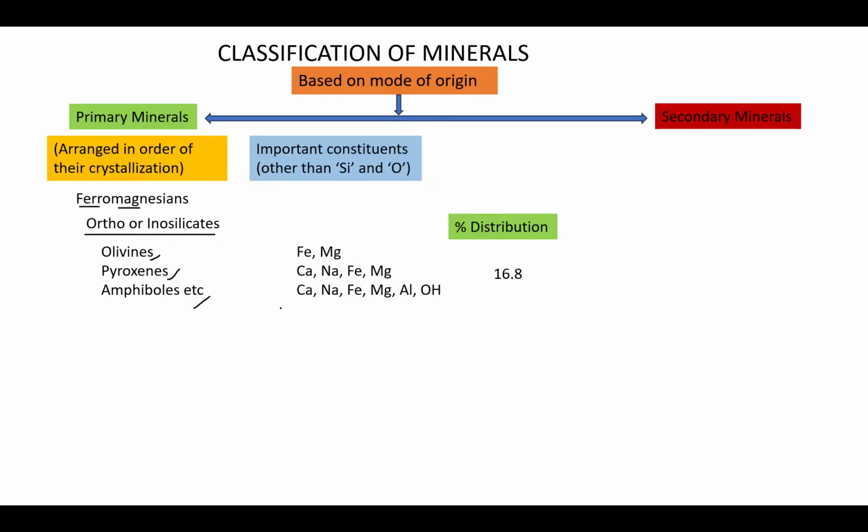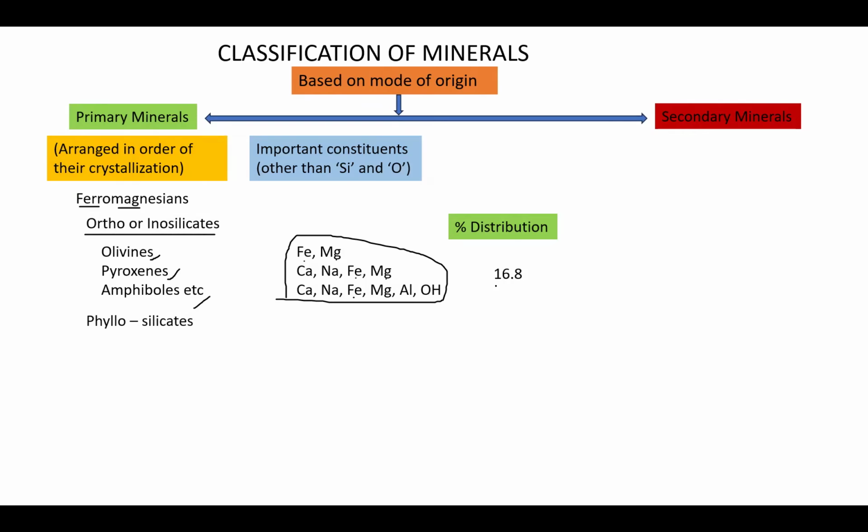These are the chief chemical constituents. Try to remember them. Ferromagnesian, in the name itself, iron and magnesium, is quite common everywhere. How far is this distributed in the Earth crust? Around 16.8 percent.